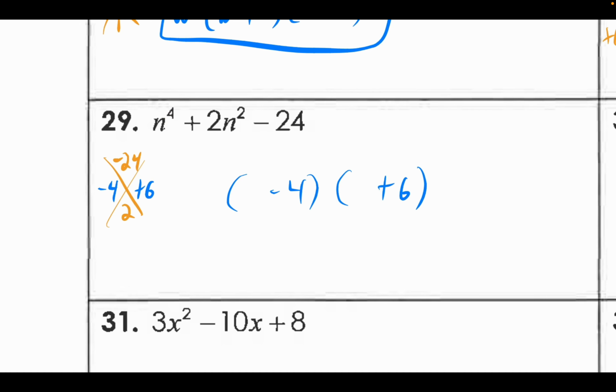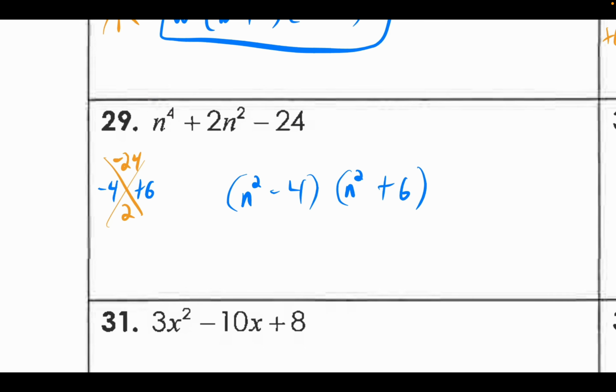However, since this is n to the fourth, n times n is not n to the fourth. It's n squared. However, n squared times n squared is n to the fourth, so we just take half whatever this exponent is. Just like on every previous problem, half of the exponent of 2 was just 1. And then this can actually be factored further because that's a difference of 2 squares.